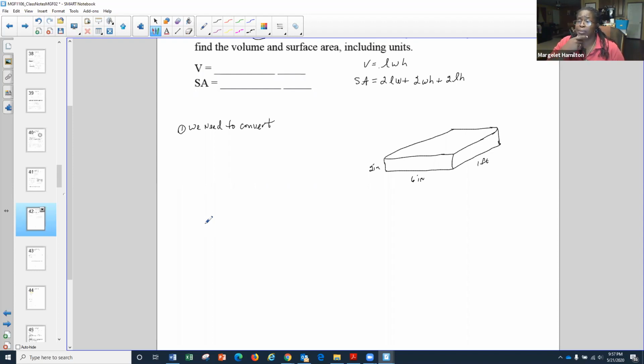When you're reading your problems in the homework or on the test, make sure you're paying attention to what they want you to have the dimensions in. In your final question, they're going to ask you to put your answer in a certain dimension, and that's going to tell you what you need to do. They may give you something in one dimension, and then ask you to tell the price of it in another dimension.